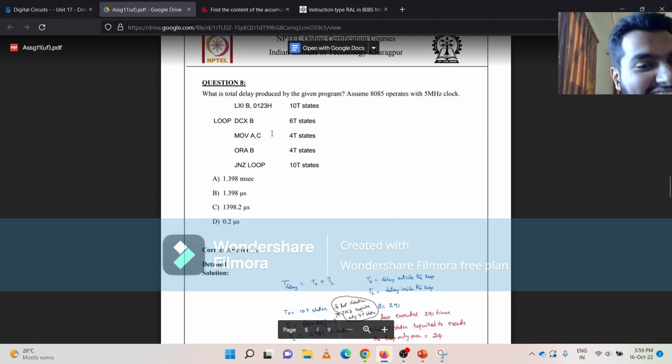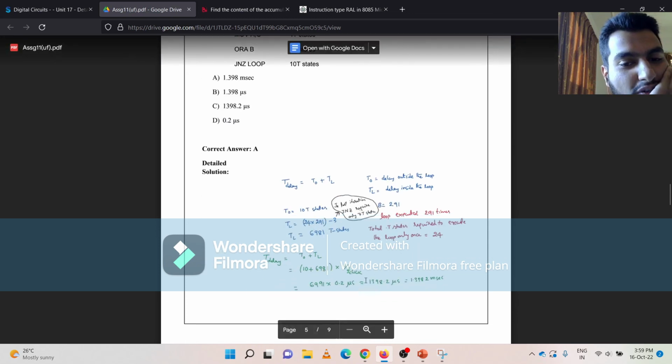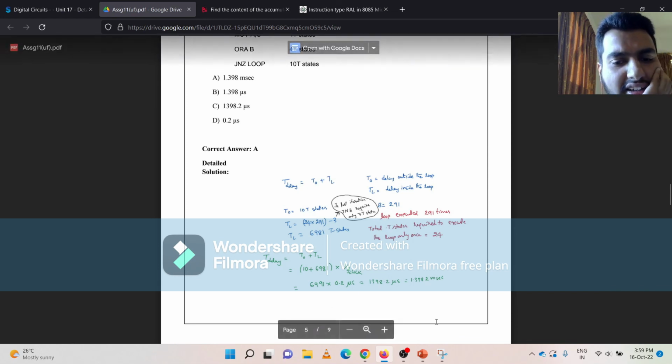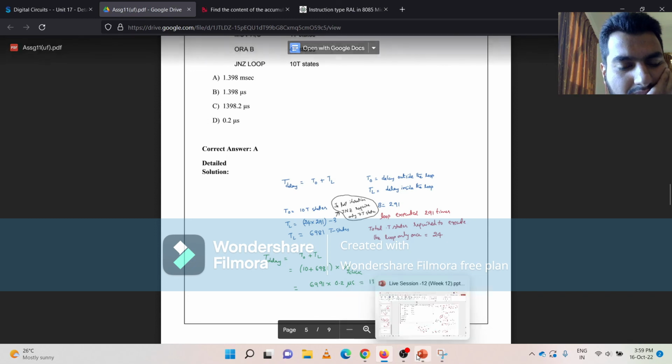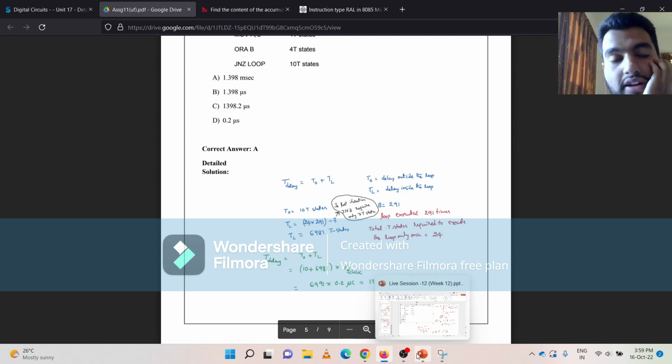It's quite funny. Just write them a mail, they will correct it. Both of them are correct, they are the same thing. Some might have given option A, some might have given C. See, in their solution also they have written 1398.2 microseconds. Yeah, just write them, they'll correct it. You guys have to write on mail. We are not connected with them, we have a different team.